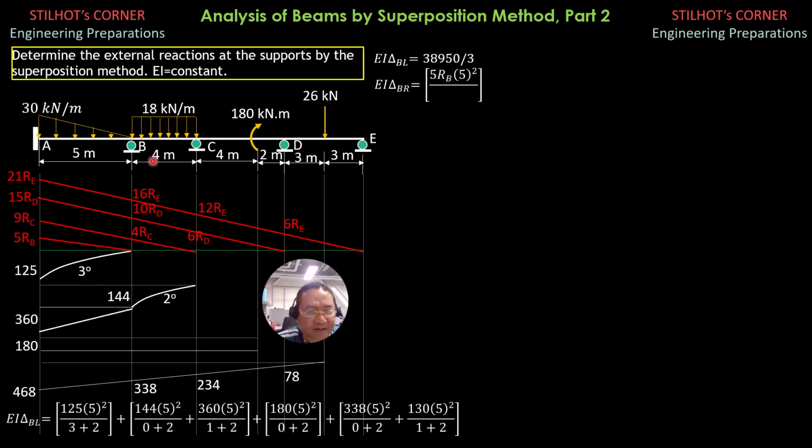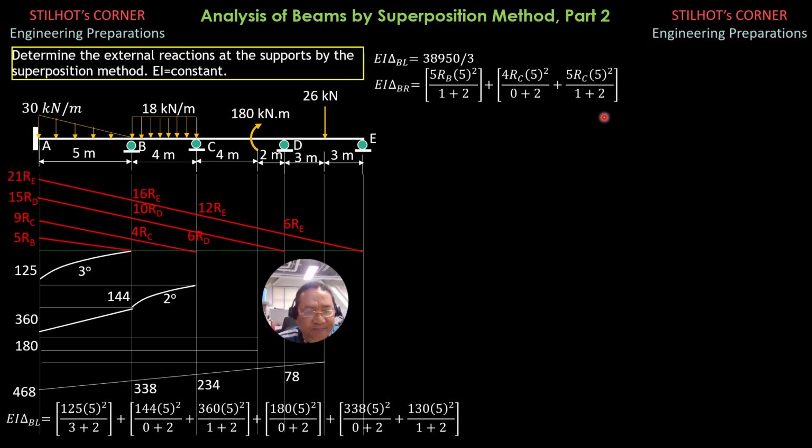Then for RC, we have a couple of magnitude 4 RC, and due to concentrated load, 9 RC minus 4 RC is 5 RC. So for the couple, quantity 4 RC times 5 square divided by 0 degree plus 2. Then for the concentrated load, which is moment at the wall, will be 5 RC, length 5 square over degree 1 plus 2.